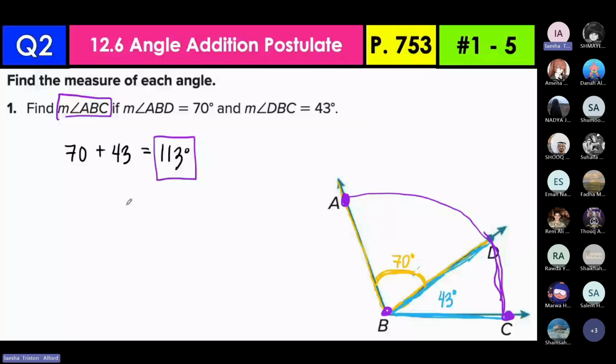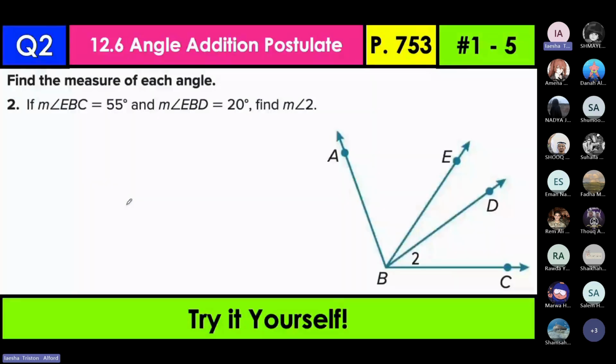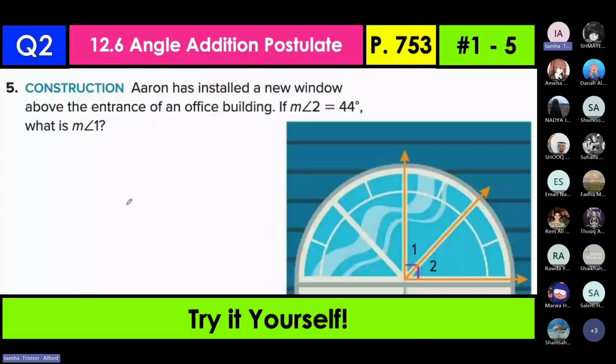You guys okay about it or what? Right? So number 2, I think you can try it yourself. Number 3, I think you can do it yourself. Number 4 and number 5, I think you can do it yourself.